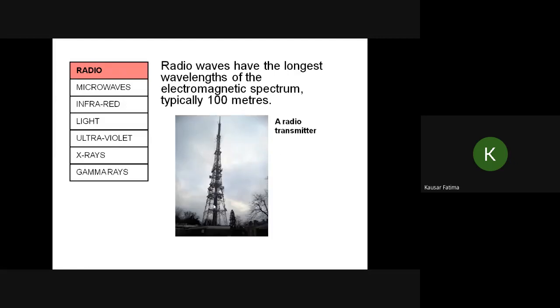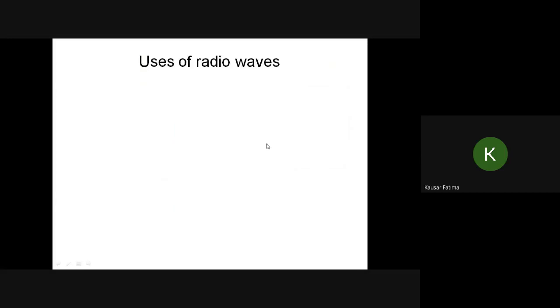So this is the transmitter. It's an antenna, which will produce radio waves. Radio waves are produced by oscillating electrons. In the antenna, the accelerating electron will generate radio waves, which will travel in all directions.